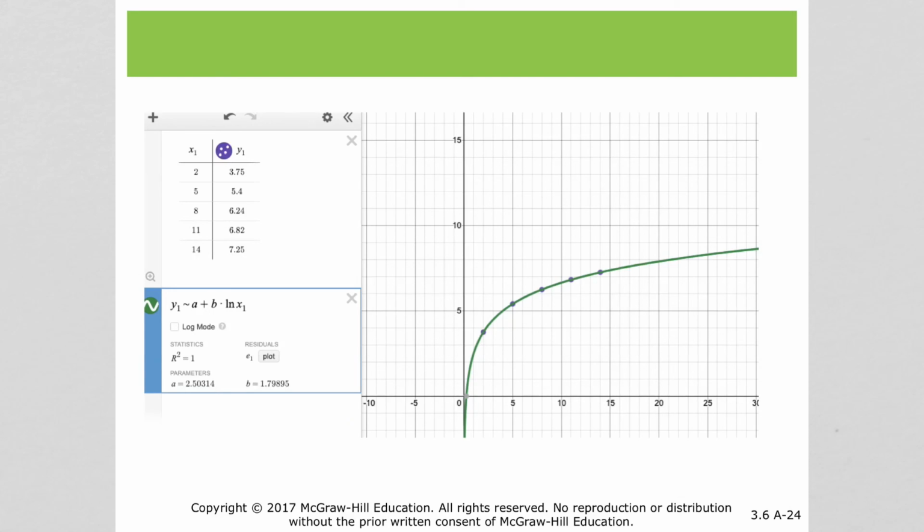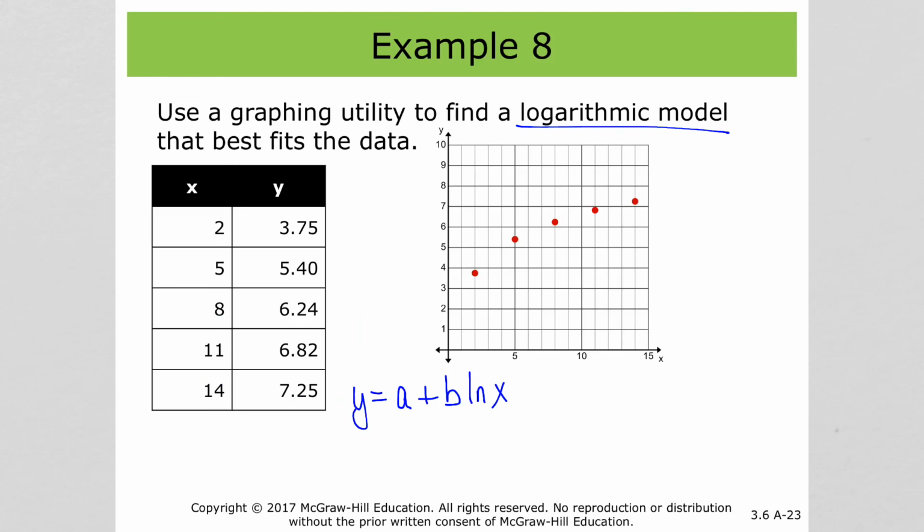So you would plug in, like here, y sub 1 squiggly a plus b times natural log of x sub 1. And that gives you a and b. So it would be 2.5031 plus 1.799 natural log of x. And that concludes section 3.6 and chapter 3.